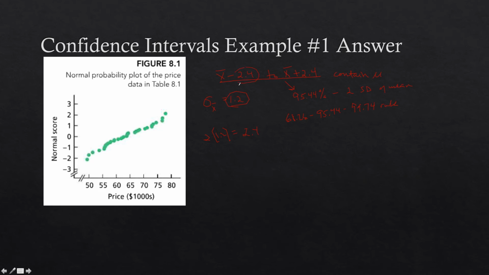So yes, this is true. 95.44% of our observations lie within 2 standard deviations. So this confidence interval that we have here would contain 95.44%. That would be true.